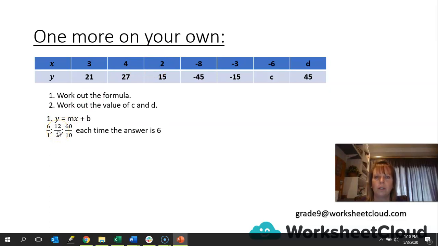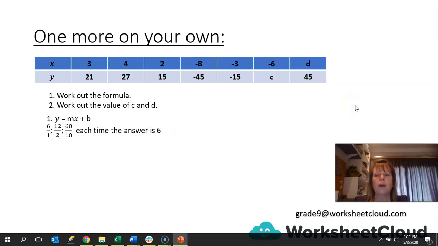When it's a different sign, you need to make sure you put in your minuses and pluses in the correct place. And then from 15 to minus 45 is 60, and from 2 to minus 8 is 10. So each time the answer is 6, okay? So that would be our m value.